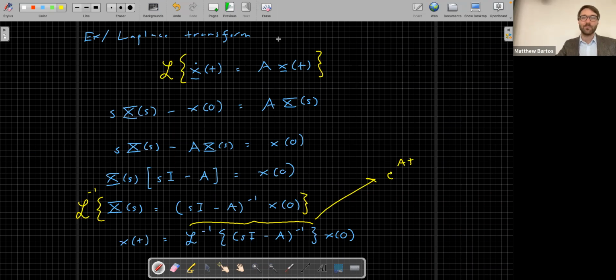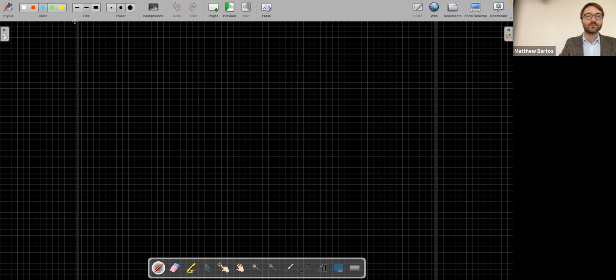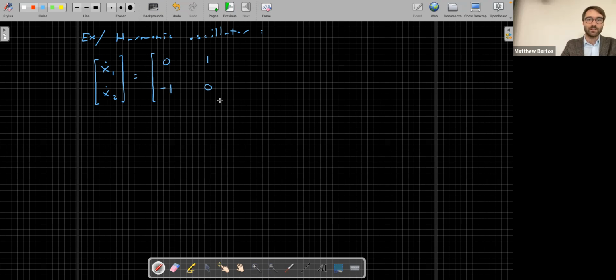Okay, so let's go through an example. And just to speed things along, I'm going to use a simpler system. We're going to be looking at a harmonic oscillator. This will make it a little bit easier to compute. So our harmonic oscillator will be given by a state space system of the form x1 dot, x2 dot is equal to [0, 1; -1, 0] times x1, x2.